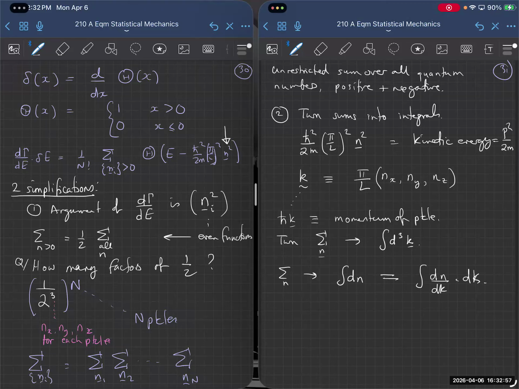That would be in just one dimension. So dn/dk is 1 over dk/dn. So let's have a look at what dk/dn is. Let's just for now make it one dimensional.